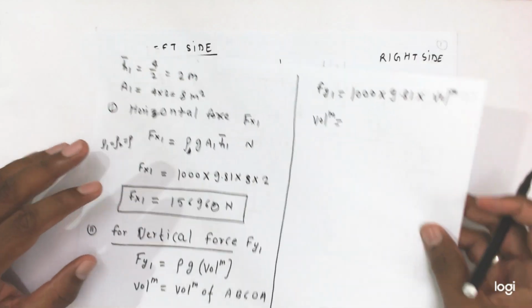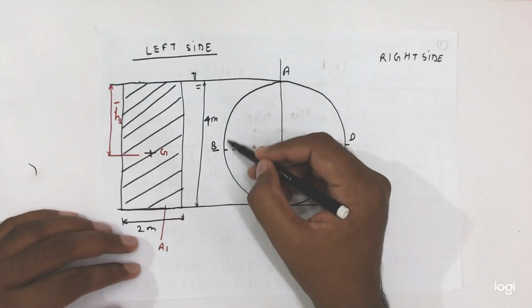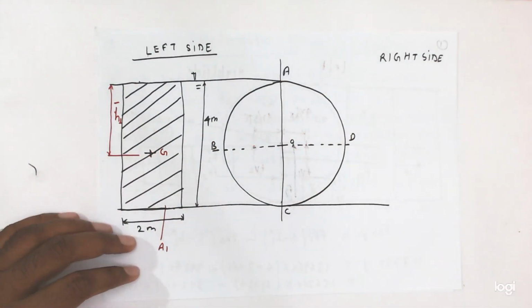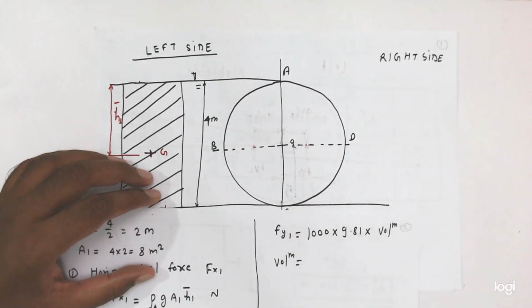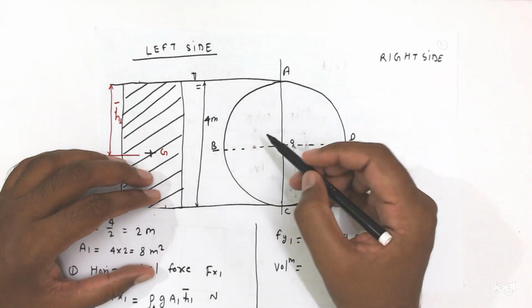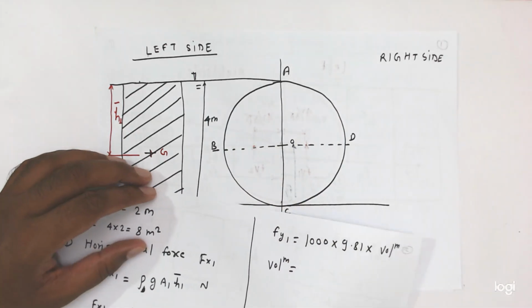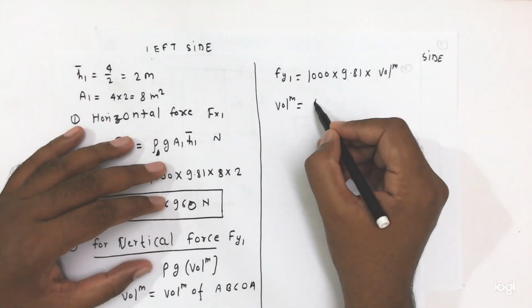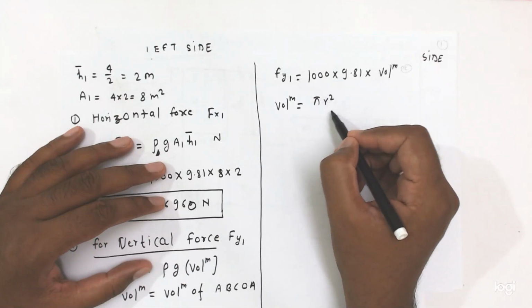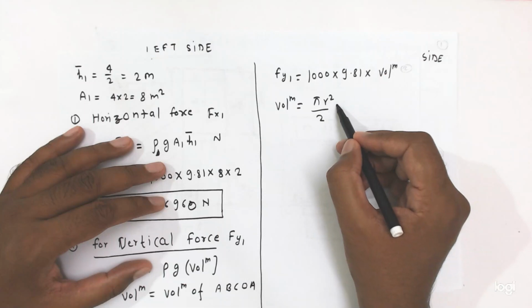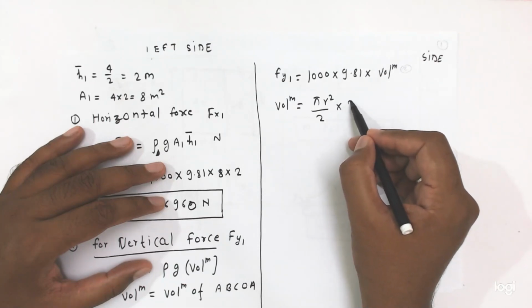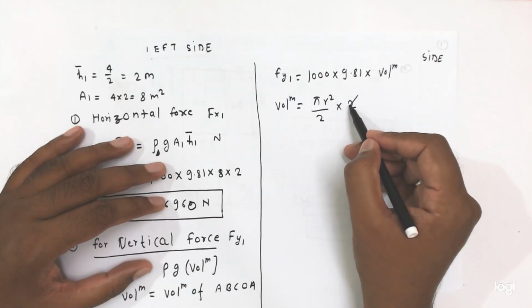Volume is equal to area of this part into width. So what is the area? This is the half circle, and this dia is equal to 4 meter, so radius is equal to half, 2 meter. So it will come pi r square is the area of the circle divided by 2. So this is the area of half circle into width. Width is equal to what? 2 meter. So this will cancel out.